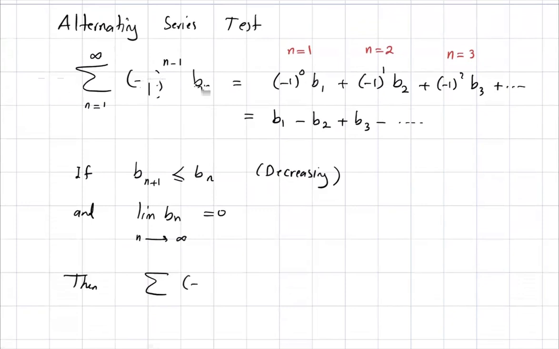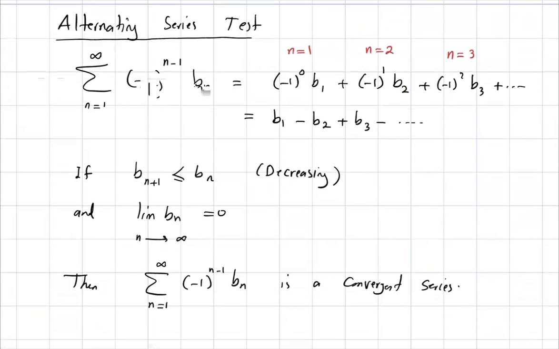Then the summation of (-1)^(n-1) bn, n from 1 to infinity, is a convergent series. So you have the alternating series test.